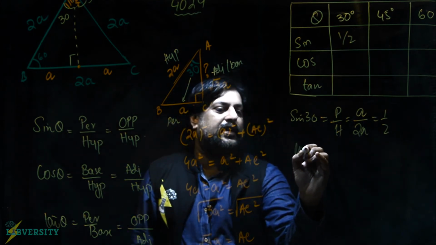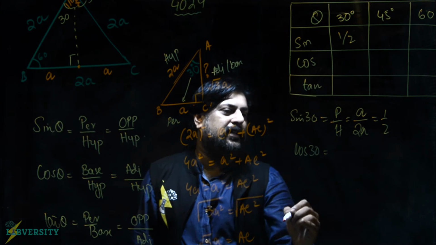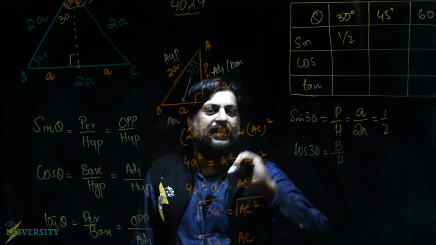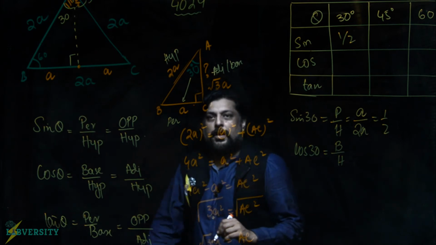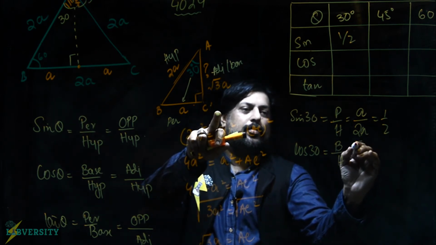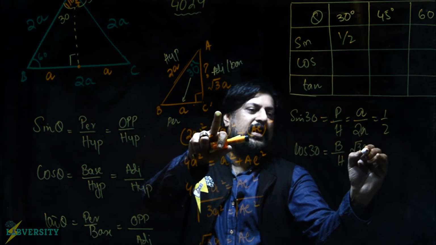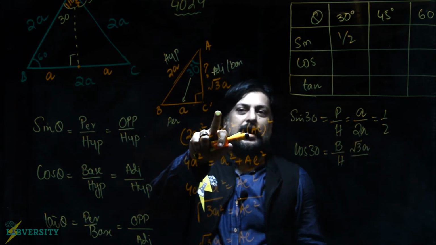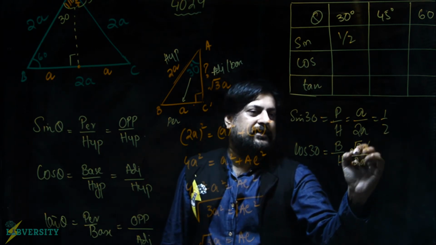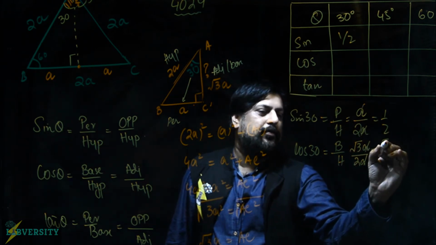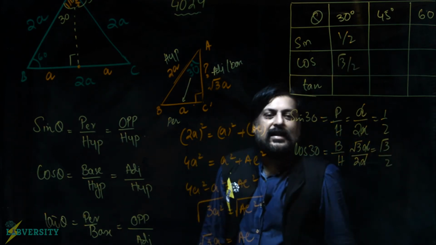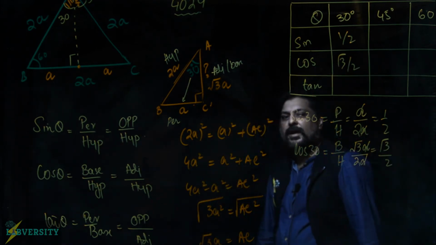Cos 30 is base upon hypotenuse. The value of the base here is root 3 A upon hypotenuse 2A. A will cancel A. We have root 3 upon 2 as the value of cos 30.